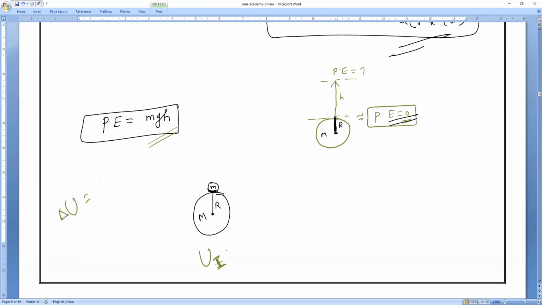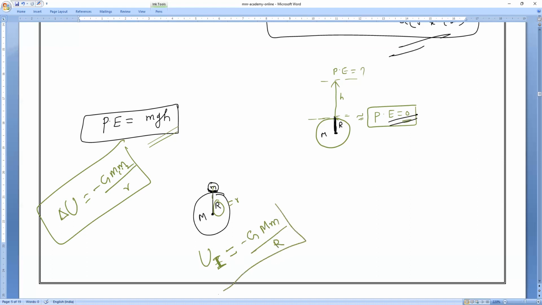Minus G into M into m, or m1 into m2, divided by r. You apply the formula. So what is the distance between them? Small r is equal to capital R. So the initial potential energy is minus G into capital M into small m divided by R. So when you are standing on the surface of the earth, not only you, any object, the initial potential energy is not equal to 0.